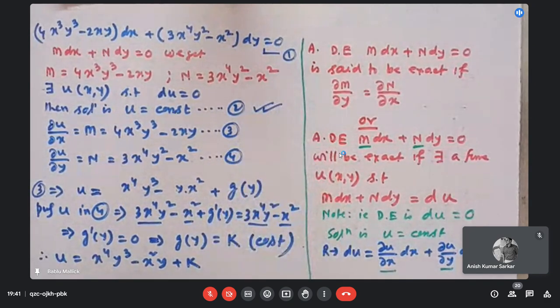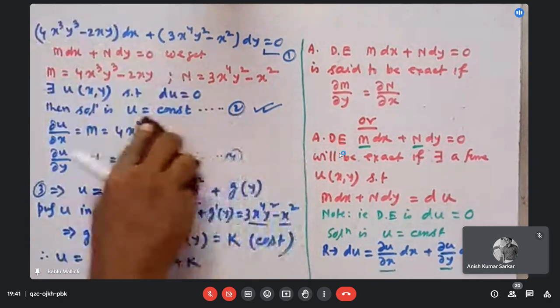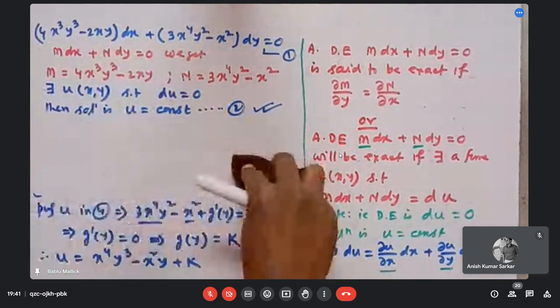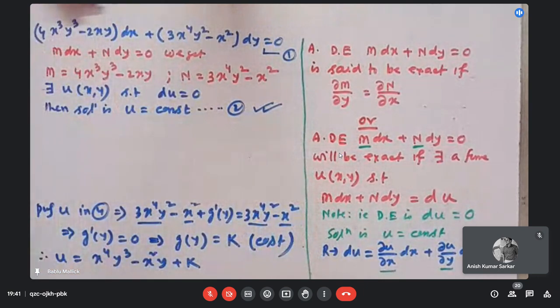Therefore the solution is, what are you getting? Solution is u is equal to constant.